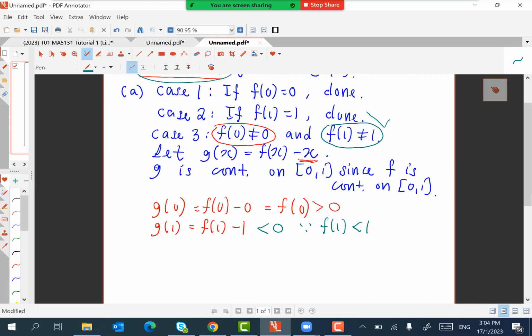Finally, now I can use the IVT. By the IVT, there exists a c between 0 and 1 such that g(c) equals 0. Why 0?